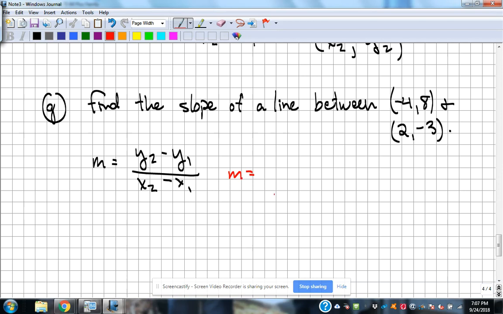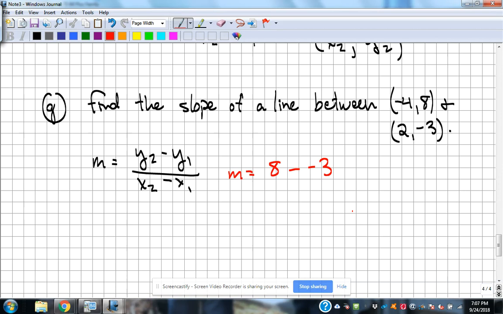I know I've got a y value of 8 and a y value of -3. It does not matter which one you start with. I'm going to start with 8. Okay? Because it's bigger. That's why. Doesn't matter, but I'm going to pick 8 because it's bigger. 8 minus the other y value. What's the other y value? -3.